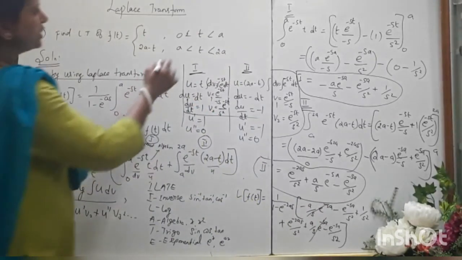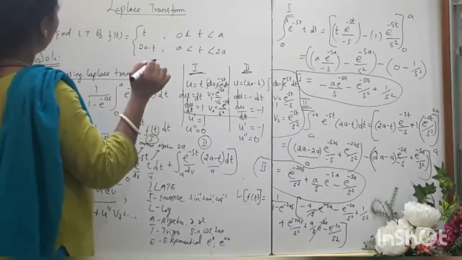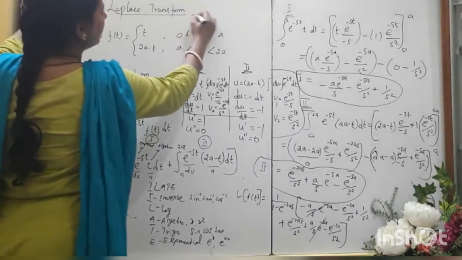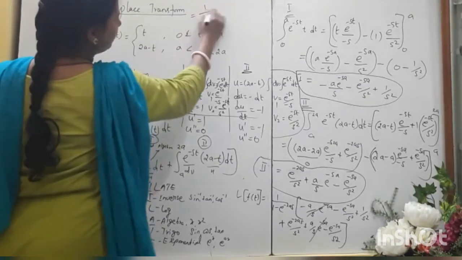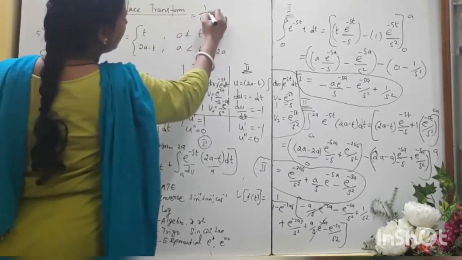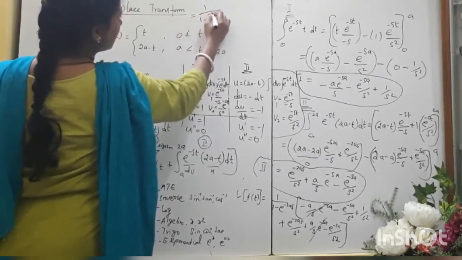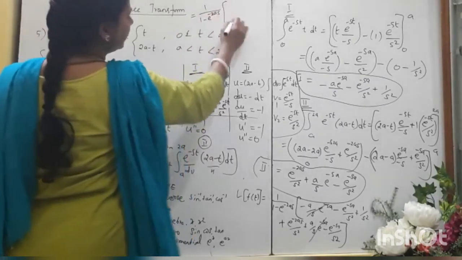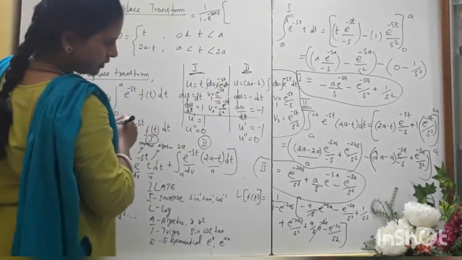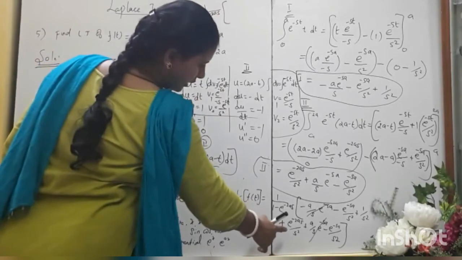So the final solution is 1 by 1 minus e power minus 2as into, these two are like terms.